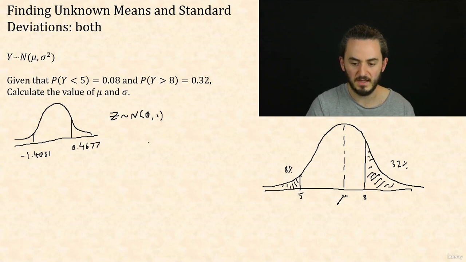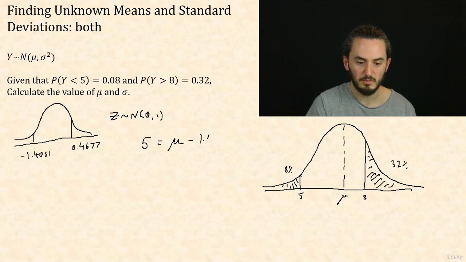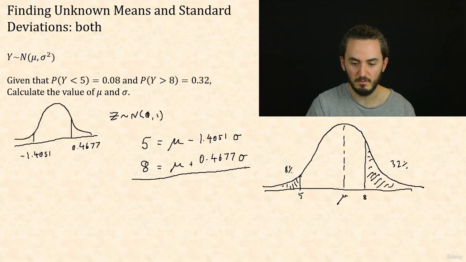It tells me that 5 was reached by doing the mean minus 1.4051 standard deviations, and the 8 was reached by doing the mean plus 0.4677 standard deviations. There's our simultaneous equation, and we solve it however we like.